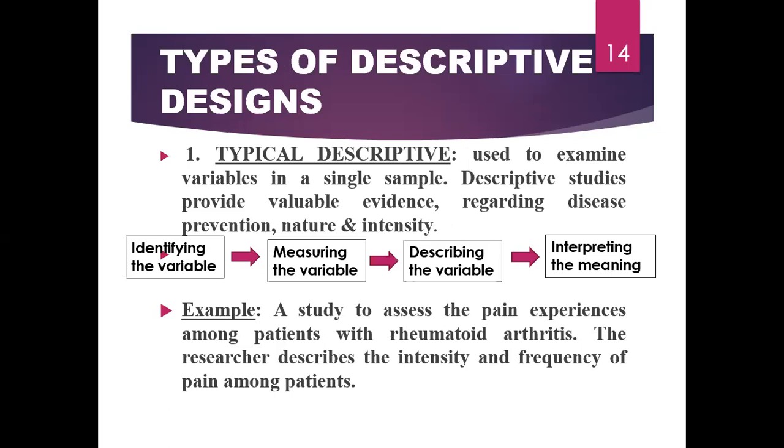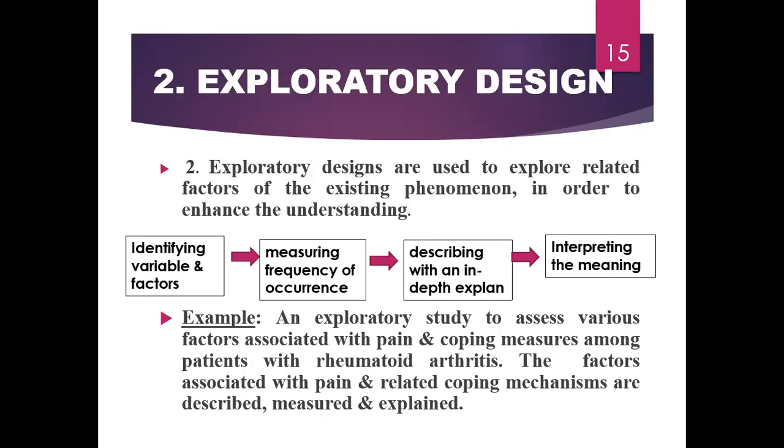So the researcher describes the intensity of pain among the patients with rheumatoid arthritis and frequency of pain among the patients with rheumatoid arthritis. So this is only describing the pain and then the intensity among the patients. So typical descriptive design.